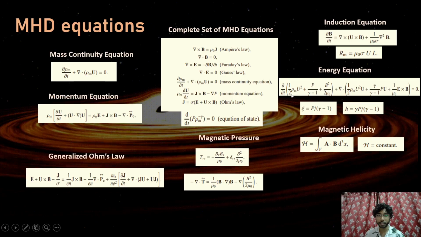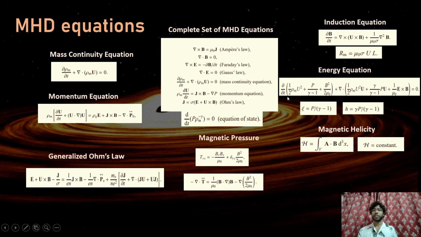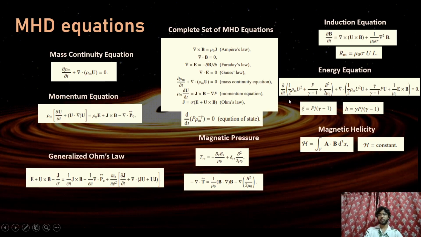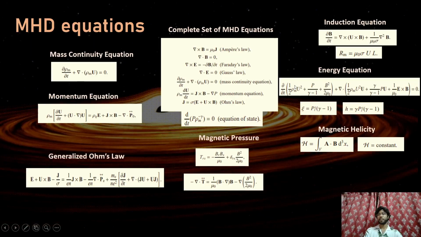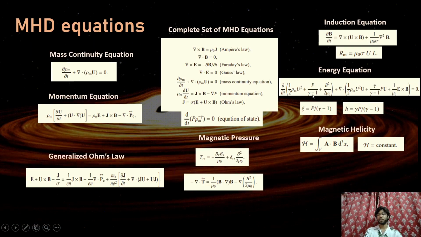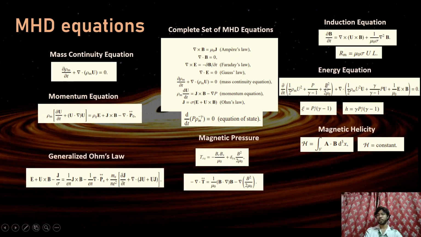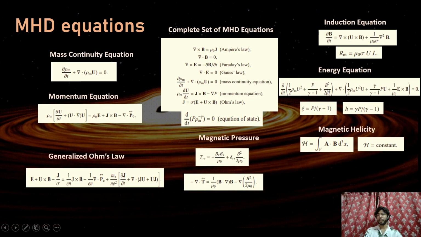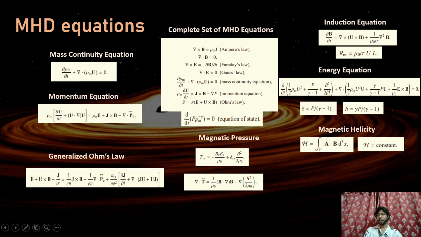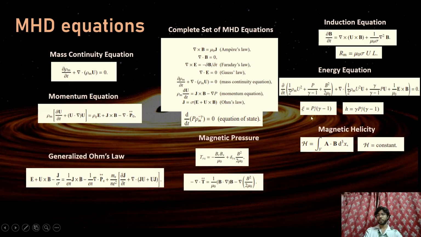The physical significance of this equation is that the first term corresponds to the kinetic energy, the second term is due to the pressure, and the third term is due to the magnetic field energy, and this is written in a conservative form.